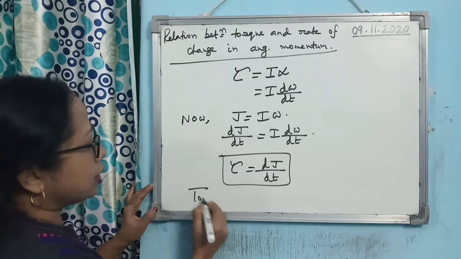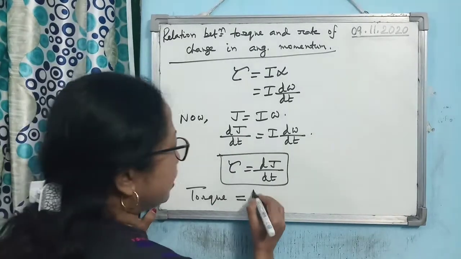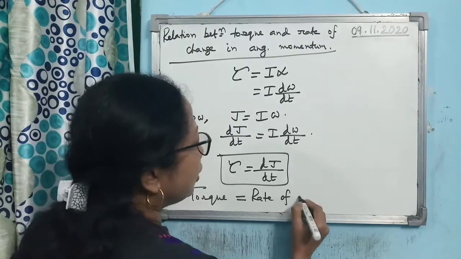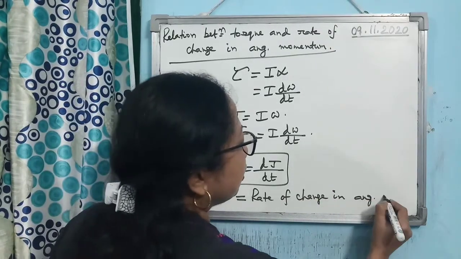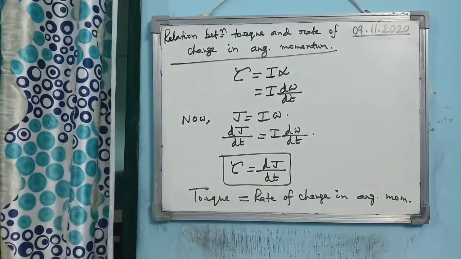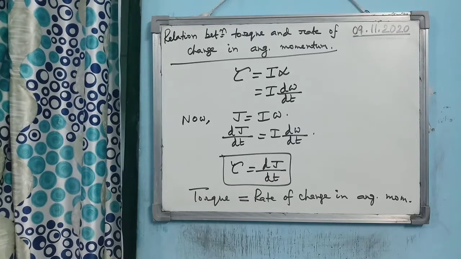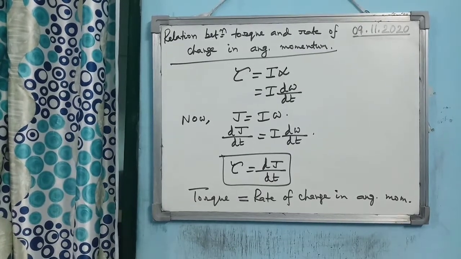So the relation you can write is: torque acting on a rotating body is equal to rate of change in angular momentum. This is the relation between torque and rate of change in angular momentum.